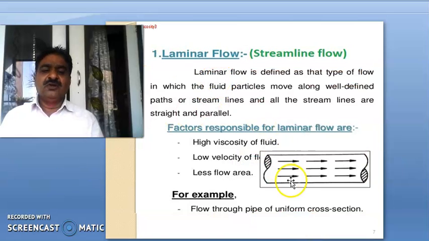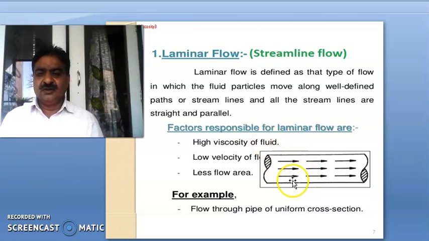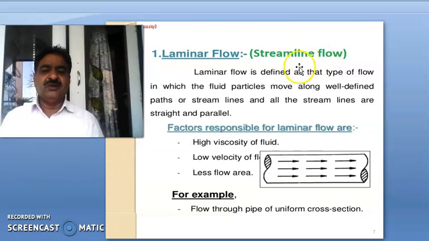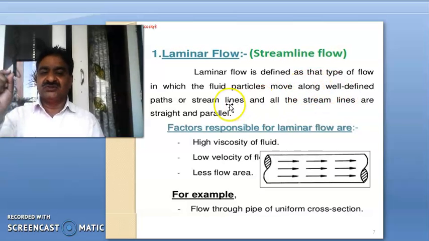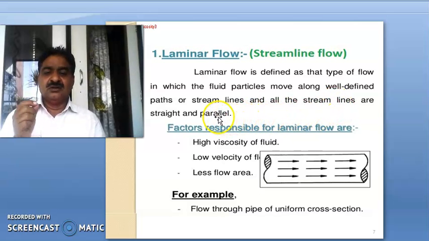Now laminar flow. A simple diagram is drawn here showing laminar, or streamline, flow. Laminar flow is defined as the type of flow in which the liquid particles move along well-defined paths or streamlines, and all the streamlines are straight and parallel.